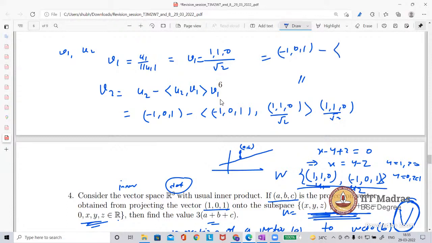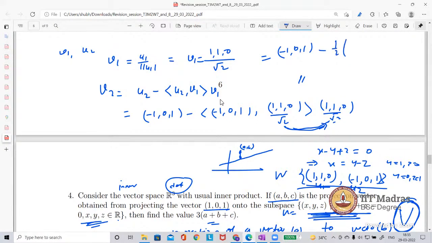Take the inner product, you can make it out here. It will be 1 by 2, or maybe minus 1 by root 2. Minus 1 upon root 2 times root 2 becomes 1 by 2, right? It will be multiplied with this also. Yeah, so it will be 1 by 2, and now it will be plus, right? Let's see, let's say I am solving.